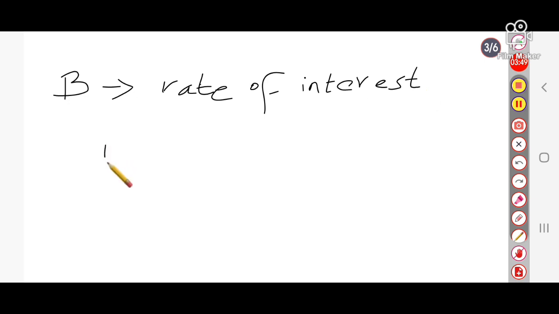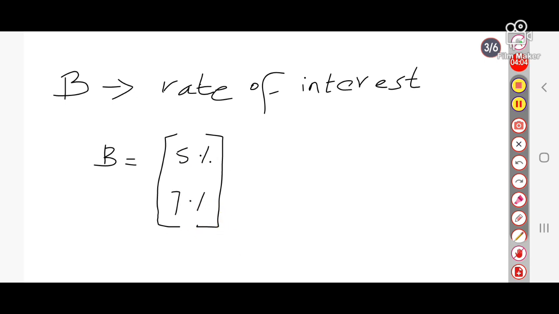So by the question we know that type 1 bond has a rate of interest 5% and the type 2 bond pays 7% interest, right? So this can be further written as 5 by 100, so we get 0.05, and 7% obviously 0.07. So this is the B matrix.